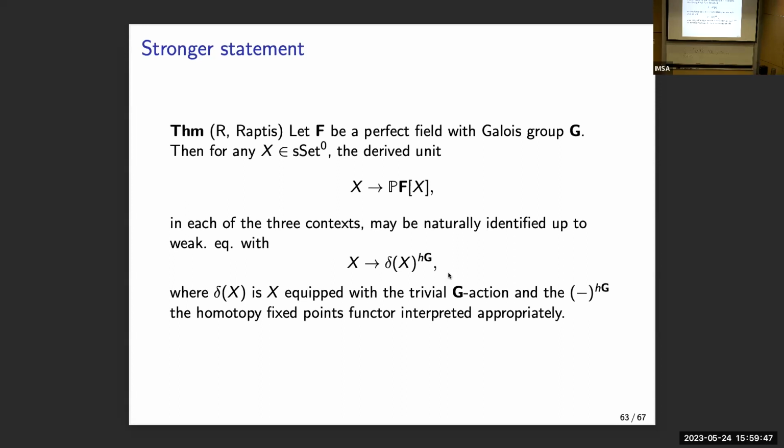So this has three different meanings depending on your notion of weak equivalence. To make sense of homotopy fixed points, we use a cofibrant replacement and so on, but that depends on the notion of weak equivalence. So for each of these contexts, the derived unit can be identified with the map from X to the homotopy fixed points. And that's the best statement we can prove for a perfect field.